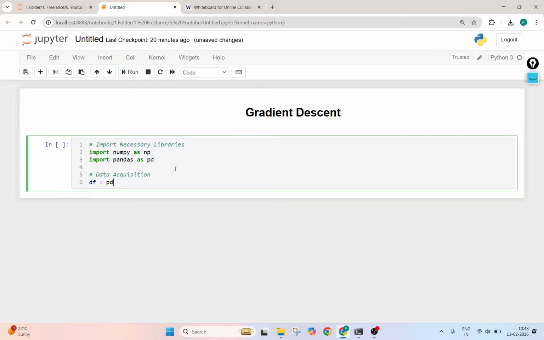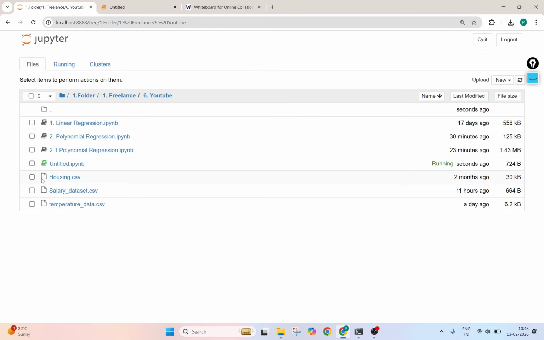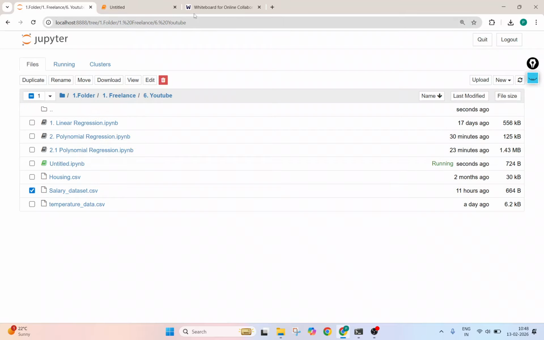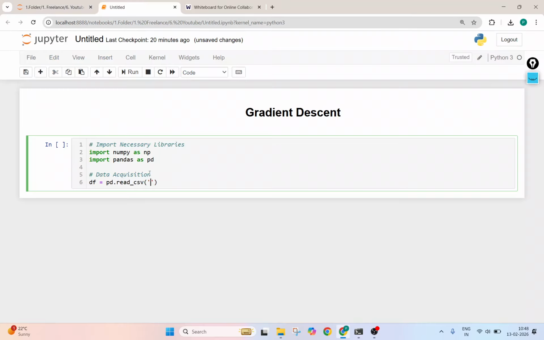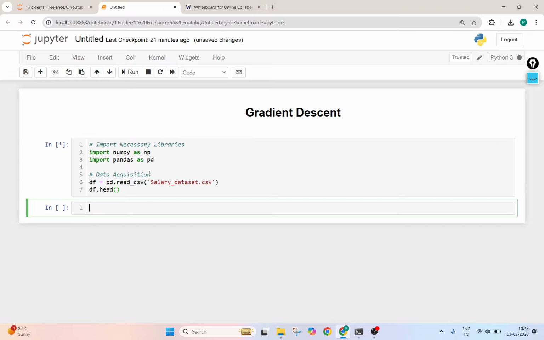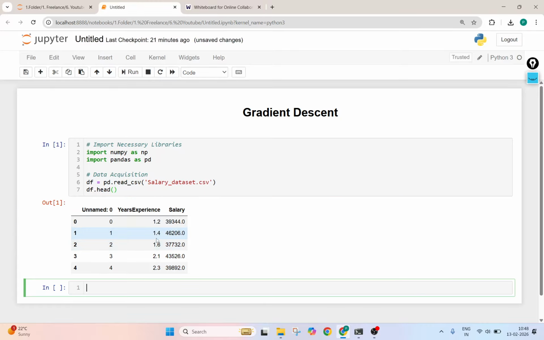Data acquisition. So we do df equals pd dot read underscore csv, and we'll take a salary data set. Okay. So let's see how it looks. Okay. We do not want this unnamed column.